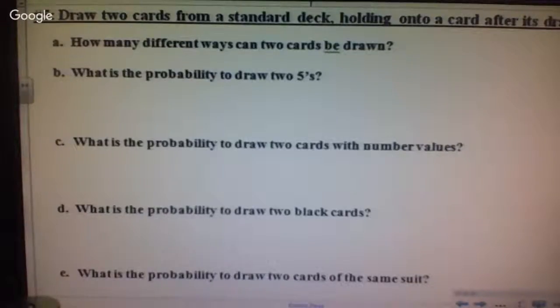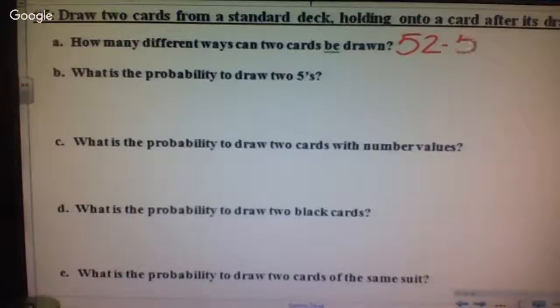Okay, we're all right. So, take into consideration the difference between what we just did and what we're about to do. Draw 2 cards, holding on to the card after it's drawn. So now, the first time I'm picking a card, I've got 52.